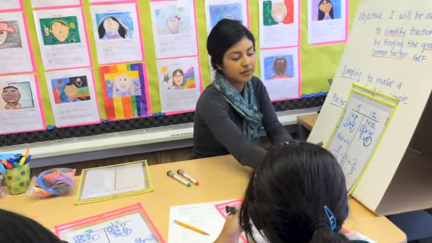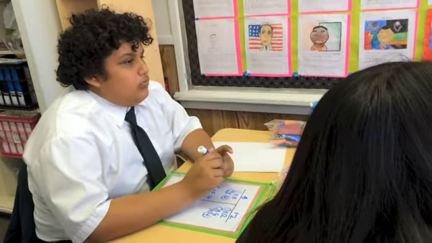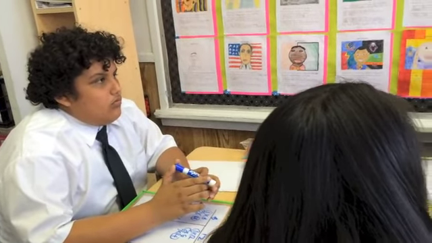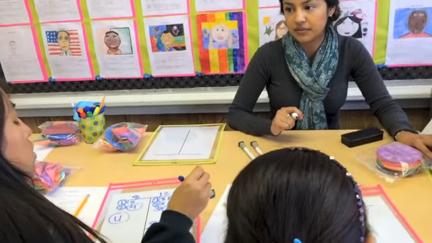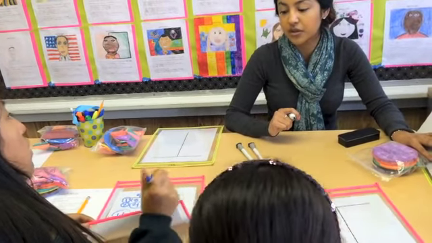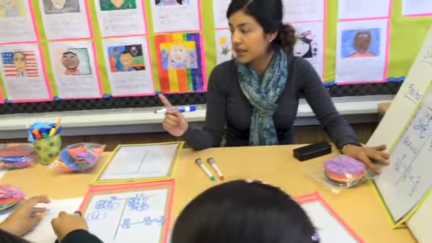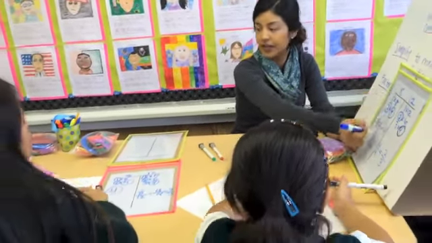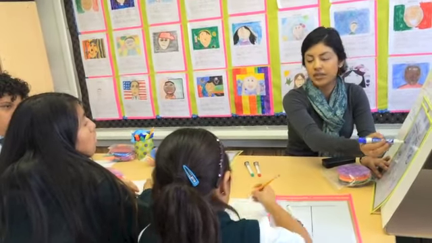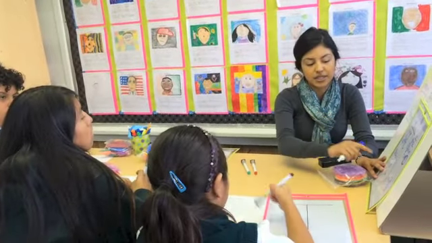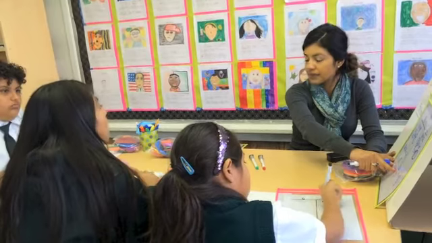So 8 twelfths, if we wanted to write it in simple form, what's our fraction? 2/3. Okay, 2/3. So the first step is we have to list all the factors of the numbers. The second step, we circle the numbers they have in common. And then the third step, we divide by the greatest common factor.